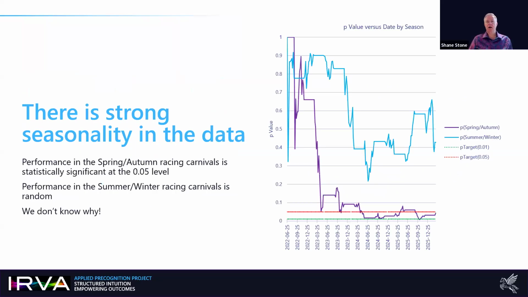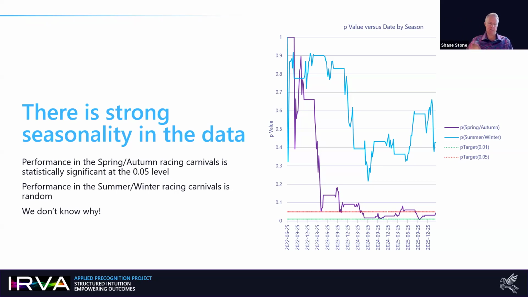So the next slide talks about a seasonal pattern that I've detected across those 190 races. So when I was looking at the p-value over time, what I saw was that it was periodically dipping down. And I've gone, well, why is that?